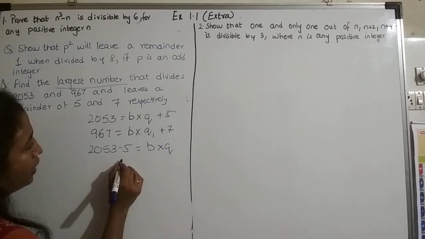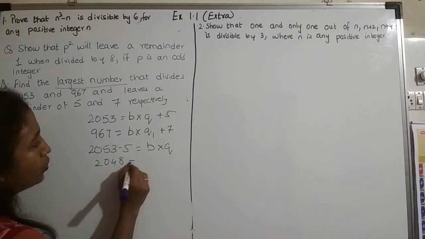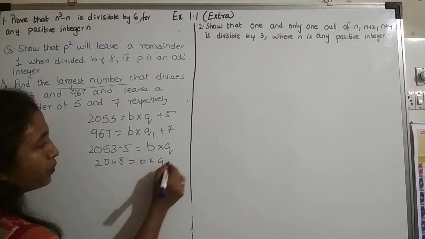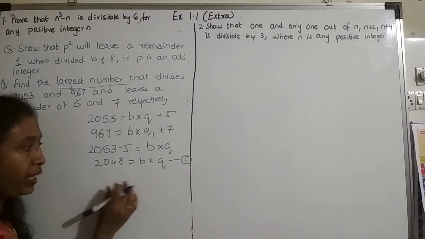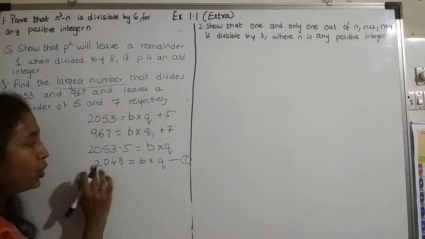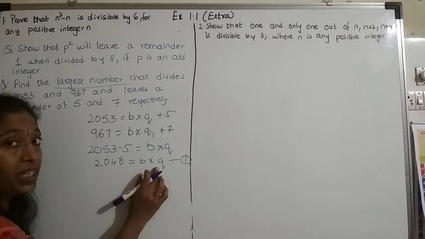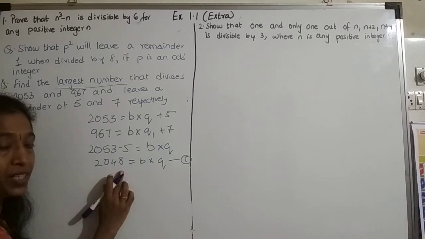So 13 minus 5 gives 8, and we get 2048 equal to b into q. After shifting the 5, this means b is a factor of 2048, correct?